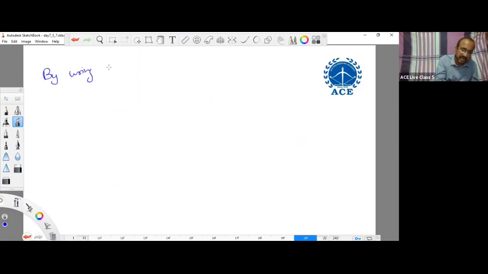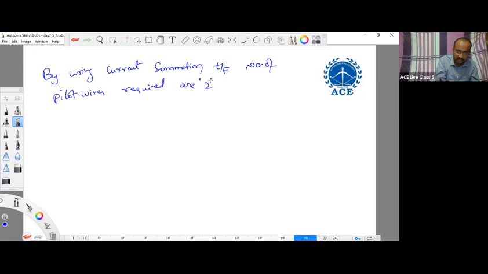So by using the current summation transformer, the number of pilot wires required is reduced.